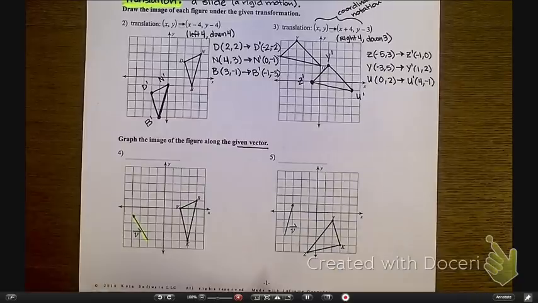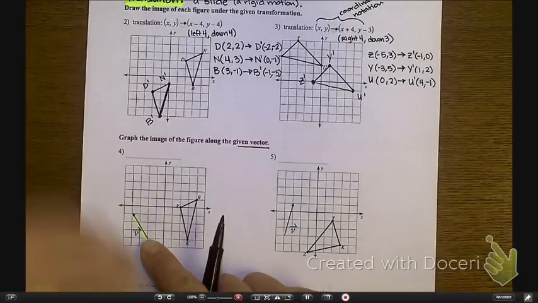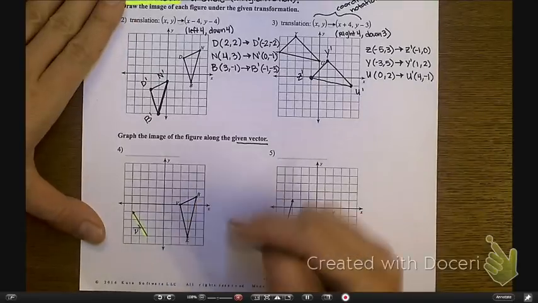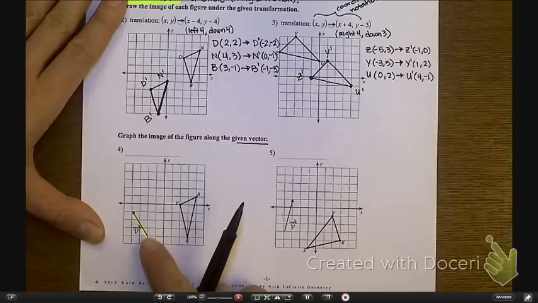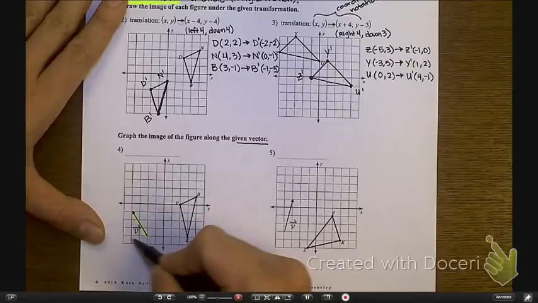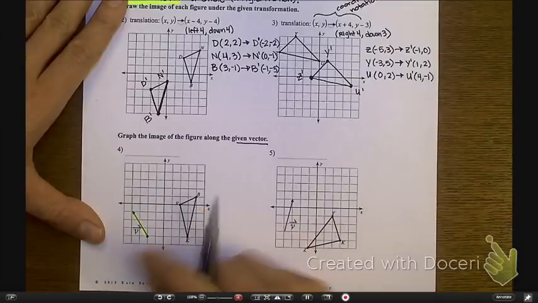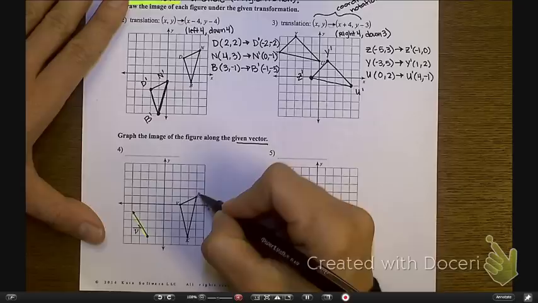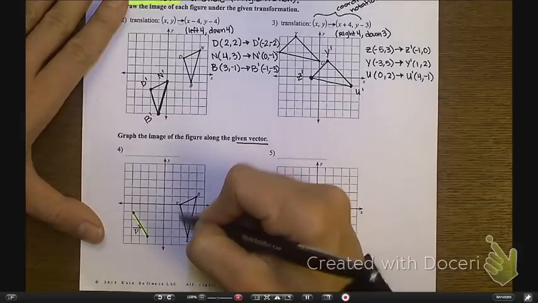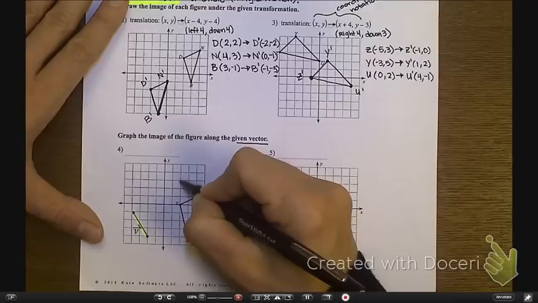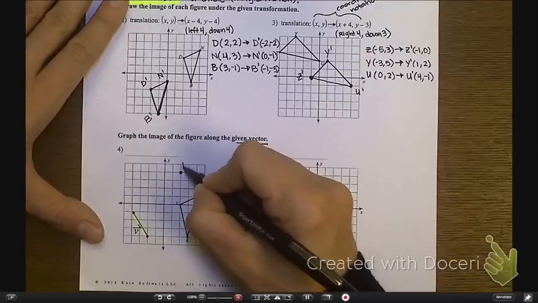So if I'm looking at this vector right here, this is telling me where to move this pre-image. So this vector is telling me go 2 squares to the left and 3 squares up to get from this point to the end of the vector. So that means I'm going to take every point here and go 2 to the left, 1, 2, and up 3, 1, 2, 3. That would be where B prime belongs.